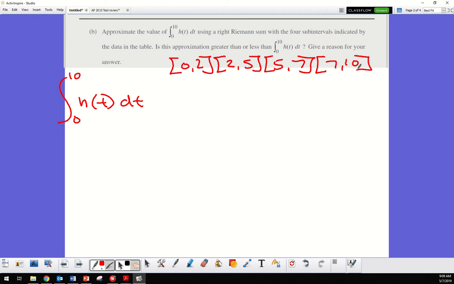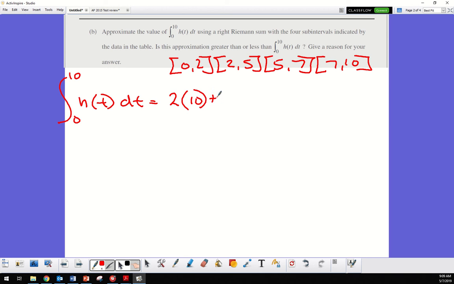Now this is going to be a right-hand Riemann sum, right? Riemann sum in what shapes? Rectangles, right? So I'm going to have rectangles, so as you write this out, it's going to be equal to my delta x. What is the delta x for my first one? 2. So it's 2 times h of 2, the right-hand number. What is the value of h of 2? 10.